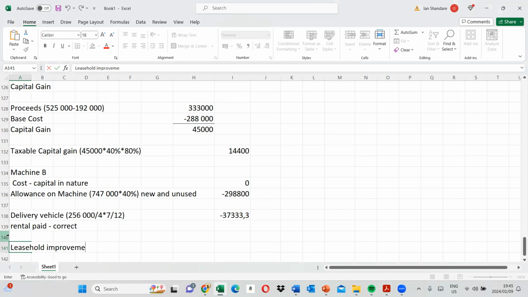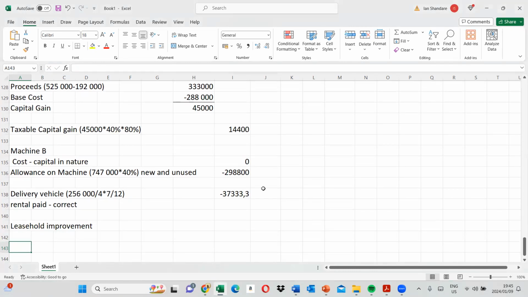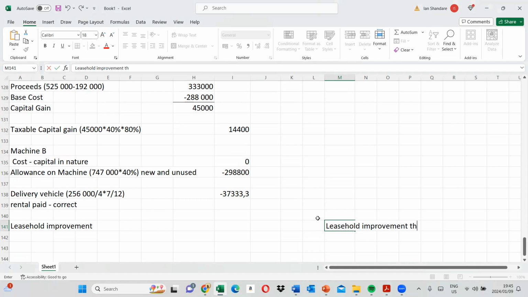So the issue now was on leasehold improvement. Let's pay attention in regards to the leasehold improvement. What does the standard say? The lessee will get an allowance on the leasehold improvement done on behalf of the lessor.